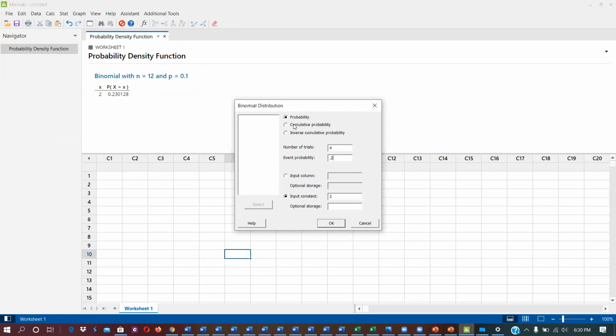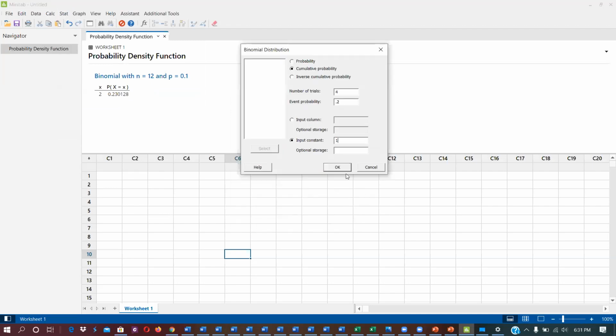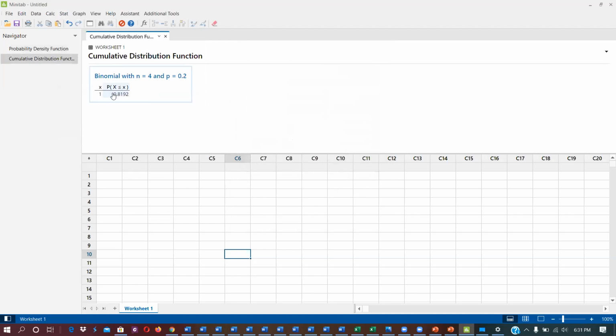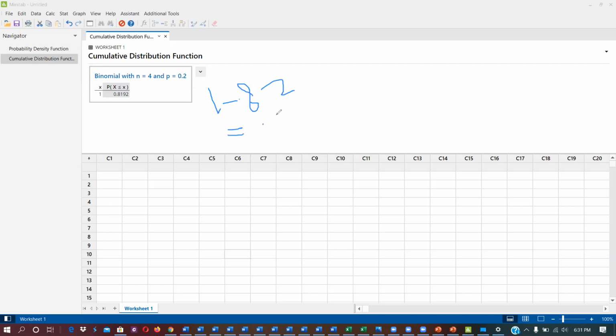Now I check the cumulative probability and I can get the event up to 1. So I will know up to 1 and then I will subtract. Up to 1 is 80%, so rest is 1 minus 0.82, which is 0.18, the answer.